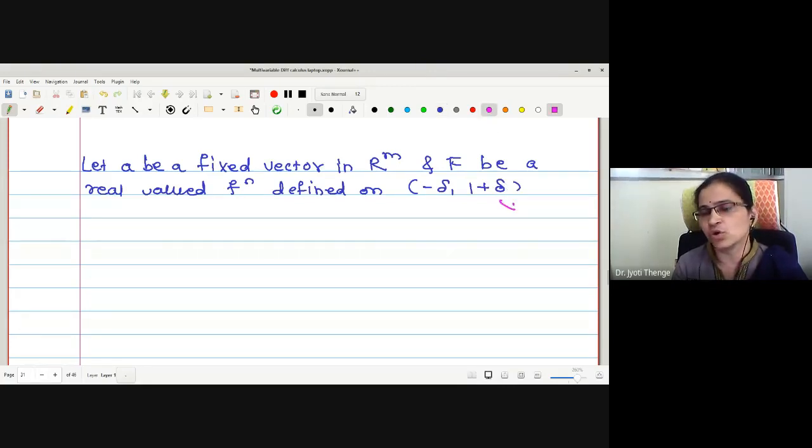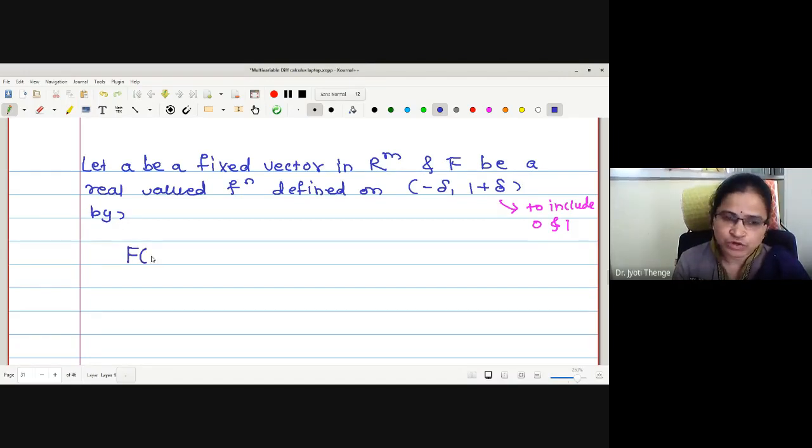Why is this so? To include 0 and 1. How will you define this? Just check. I am going to define this as capital F of t.